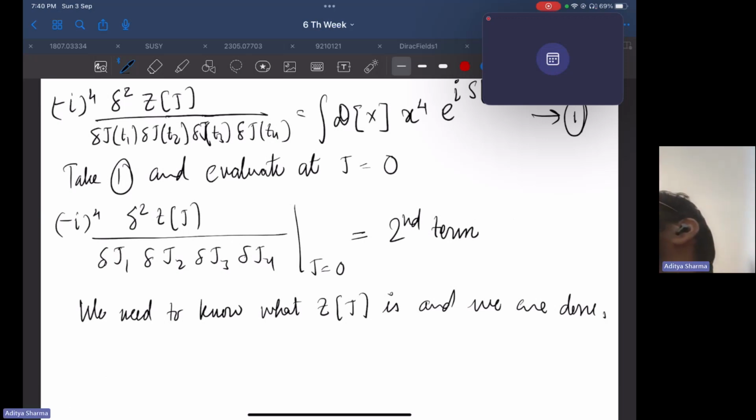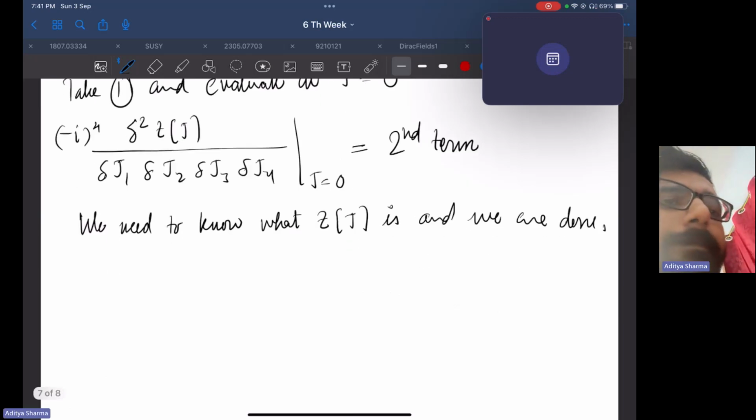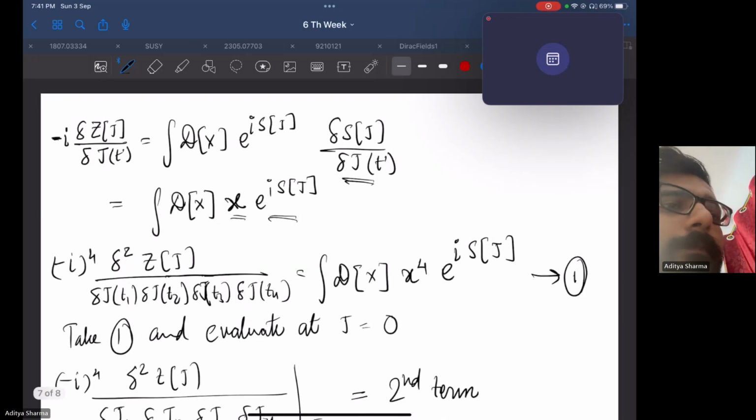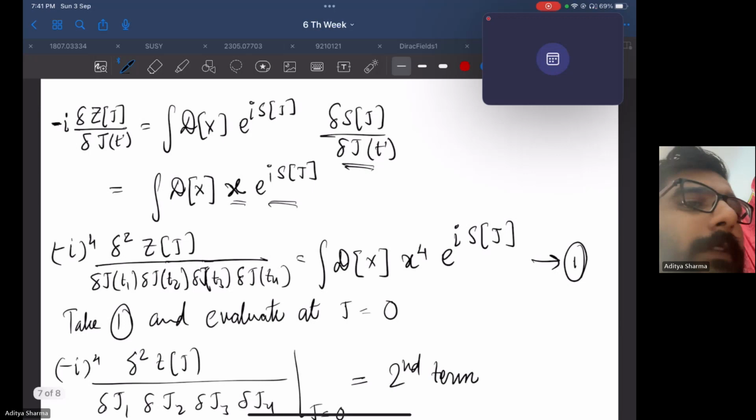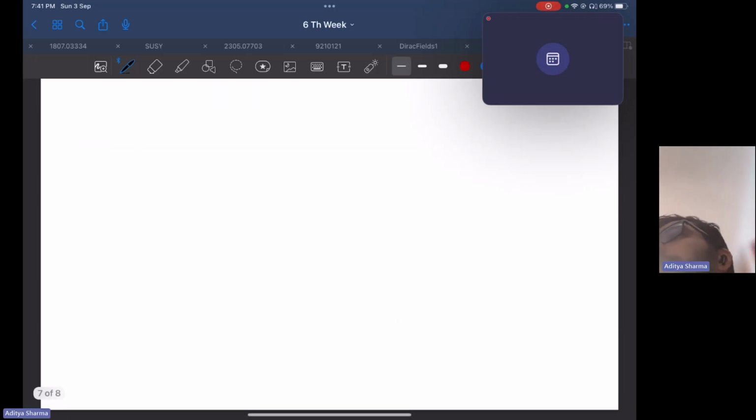There are some useful things about when it is useful and when it is not. It depends on what z of j of t we are choosing. And most of the time it is much easier to do. All right, this is how we do things in perturbation theory.